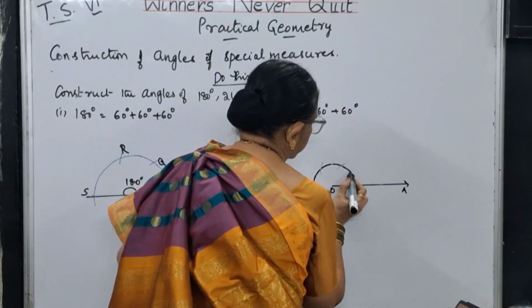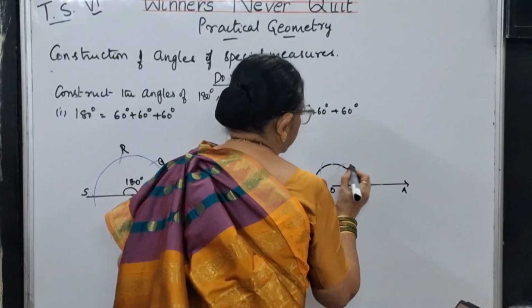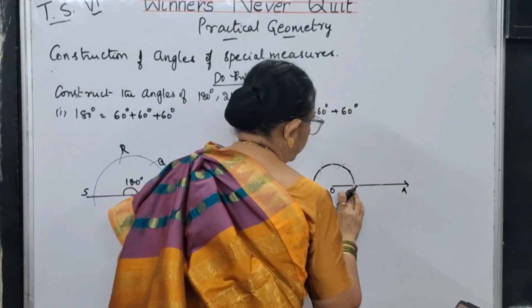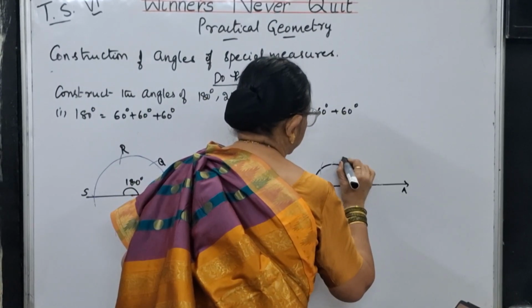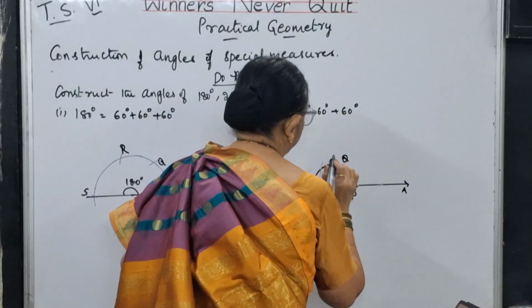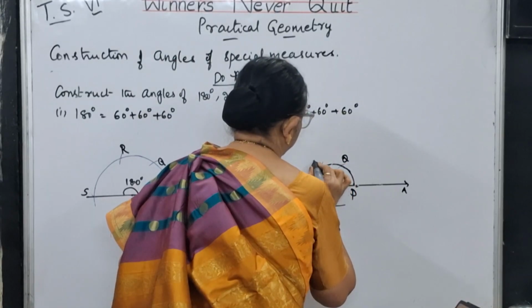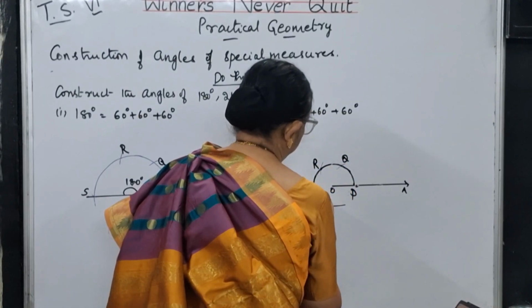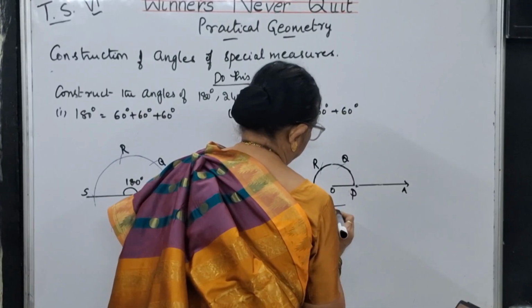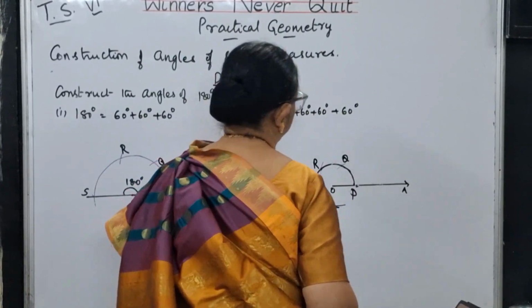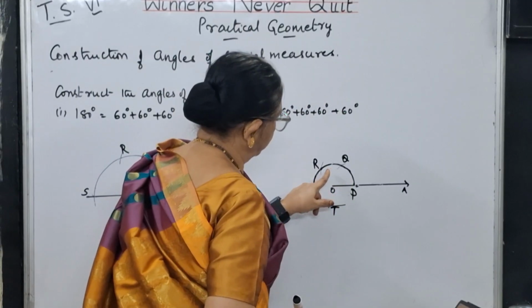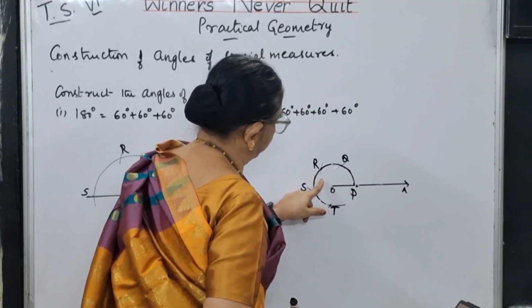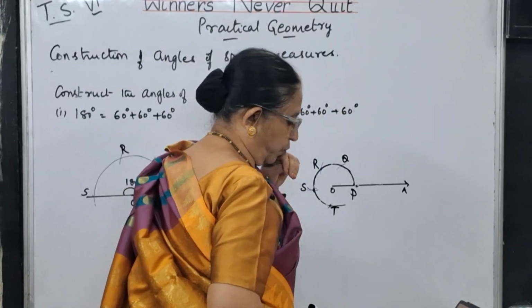This point is P, this is Q, this point is R, this point here is S, and this is T. So 60 plus 60, 120, plus 60, 180, 180 plus 60, 240.